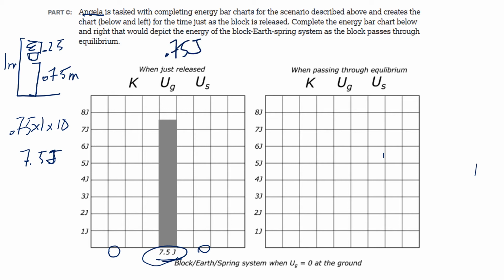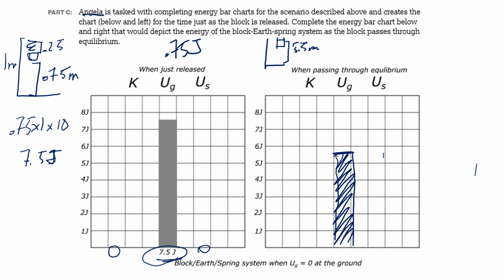Here, what about when it gets to equilibrium? Well, we know mgh again, right? We know from the last part that it's now 0.55 above the ground, right? This is 0.55 meters. So just doing a little bit of mgh, we know that the gravitational energy is at 5.5. Good.